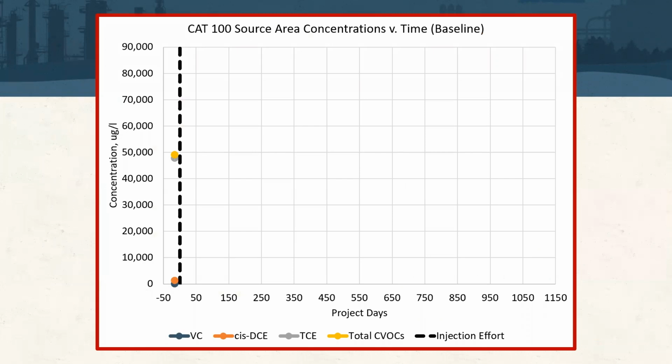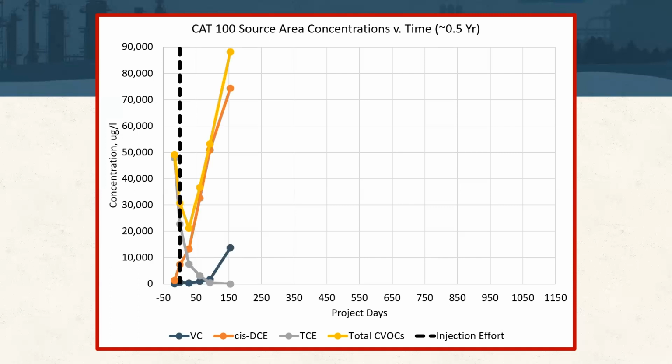So I took this data and I broke it up to give us kind of a nice little time lapse here. This is our starting data points. You'll see total CVOCs there in yellow, and just below it, you see TCE. So almost 100% of our CVOC mass was in the form of TCE. The vertical line represents when our injections were complete, calling that day 0.